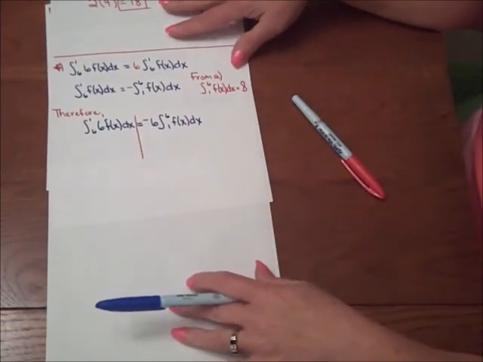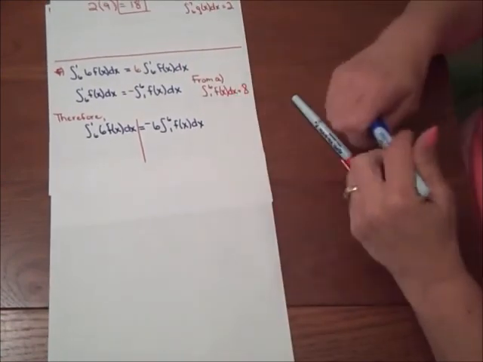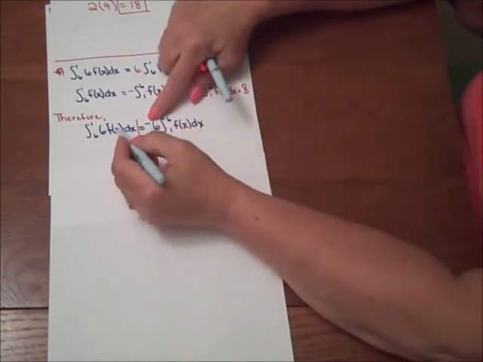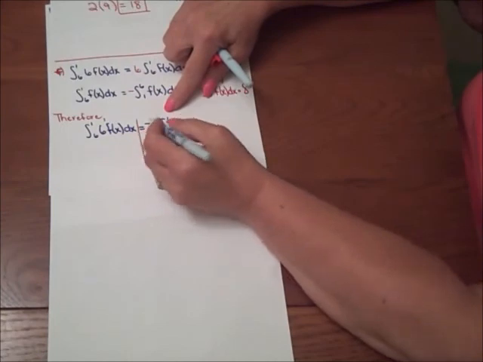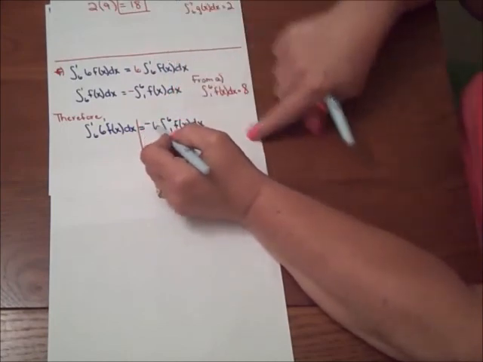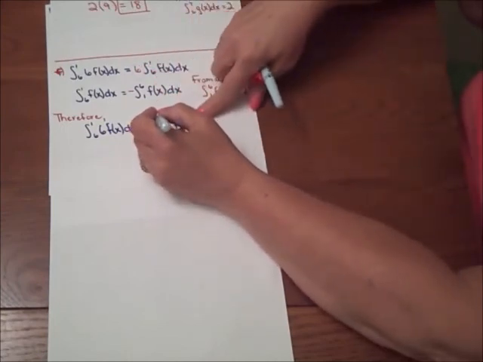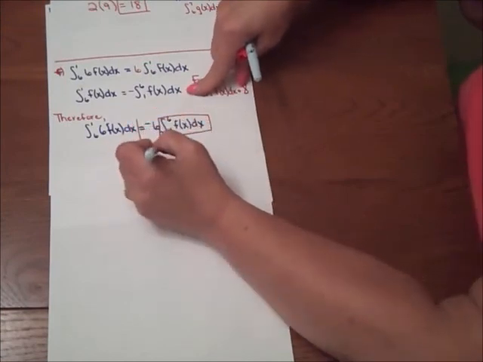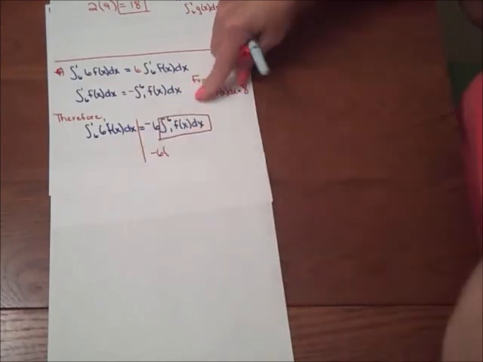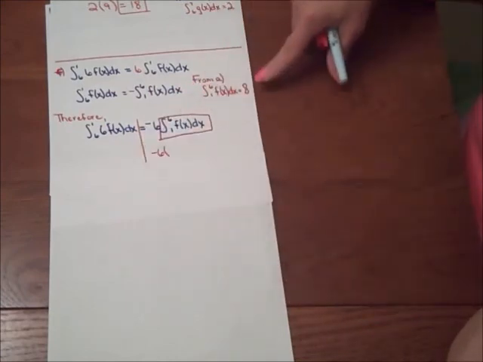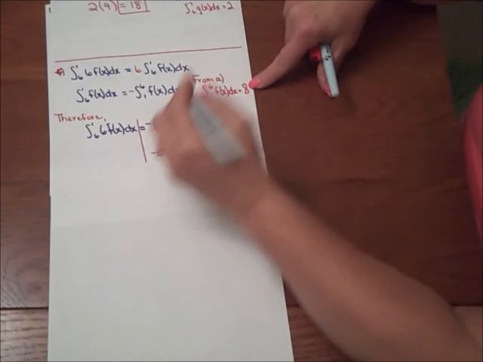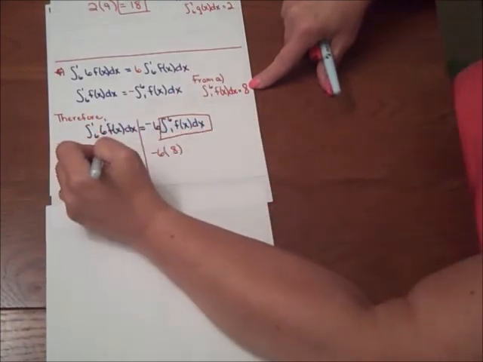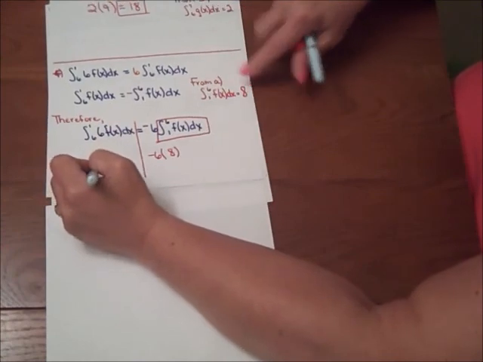Therefore, we can just plug in what we know now. And this is what we're looking for. We've got the negative because we're doing the opposite, and we brought down our constant that we've already pulled out. The only thing we have left to do is plug this in. So let's bring that negative 6 down and plug in what we know for this function, which is 8.